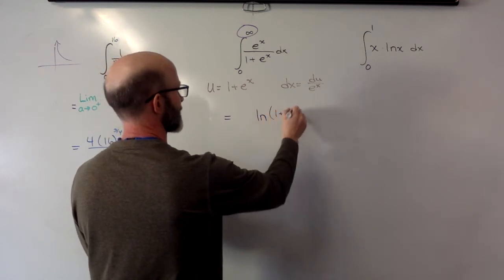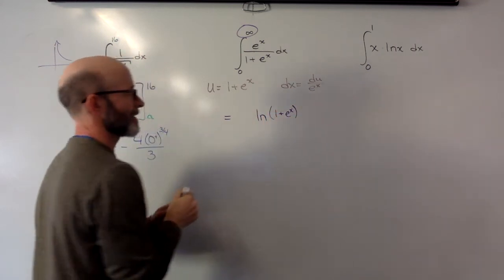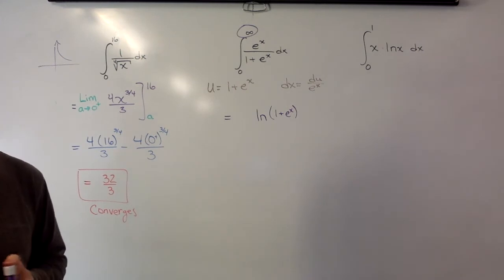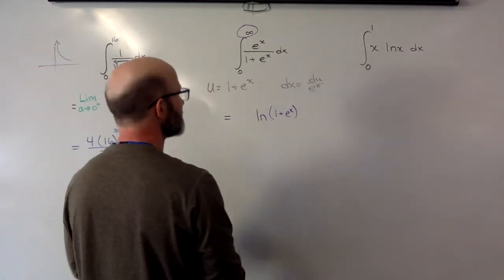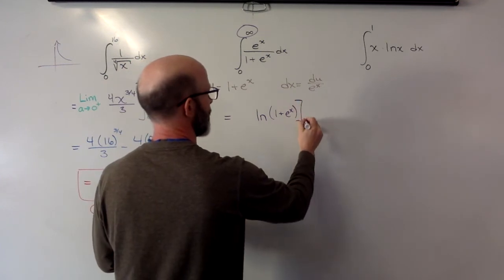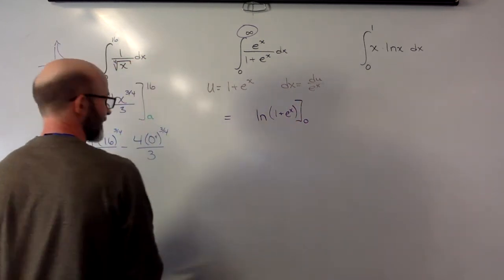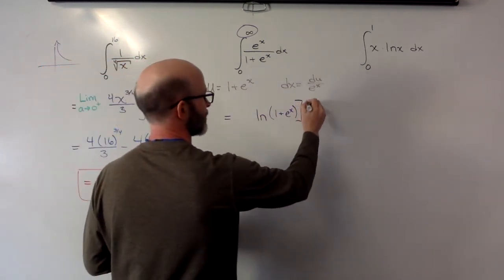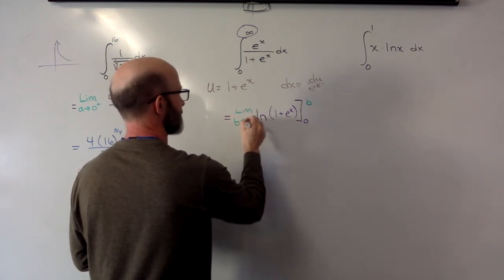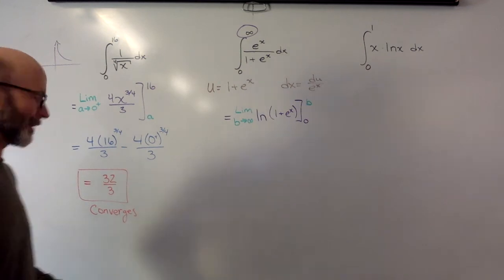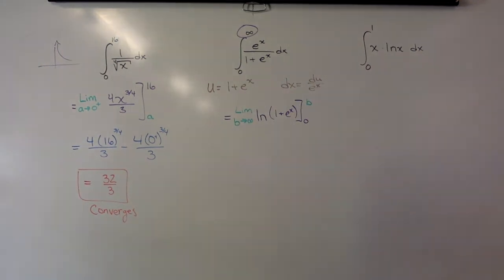By the way, I know I should have the absolute value inside the logarithm there, but since e to the x is always a positive number, and adding 1 to it makes it even more positive, I am quite positive that is exactly the way I could write it. By the way, I can't plug infinity in there, but I can plug b in, and b is getting really, really close to infinity. That leaves us with just a couple more things.